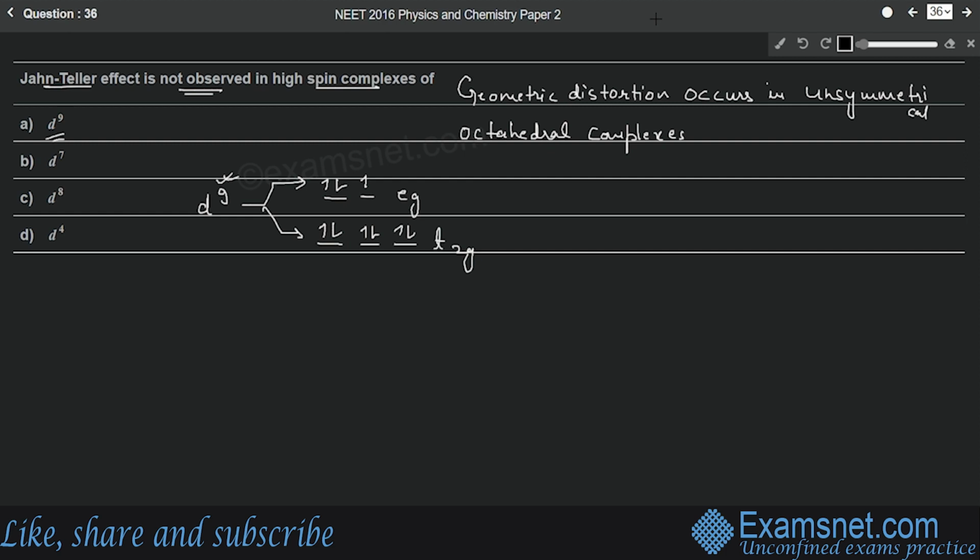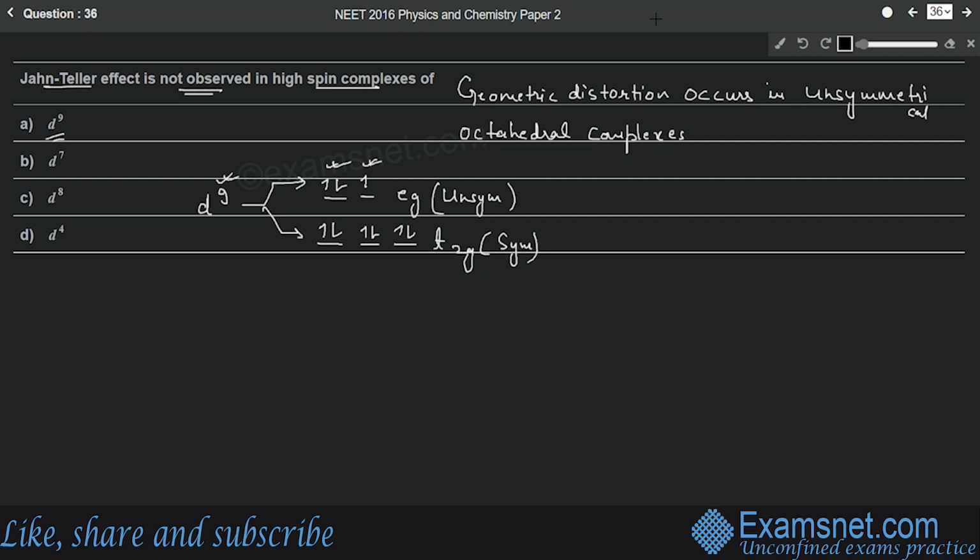Now if you see in the T2G orbitals, all the electrons are filled in a symmetric manner. That means all the orbitals contain 2 electrons, one pair of electrons each. So there is symmetrical filling here, whereas in the EG orbitals there is unsymmetrical filling, because in one of the orbitals there is one pair of electrons, whereas in another one there is a single electron.